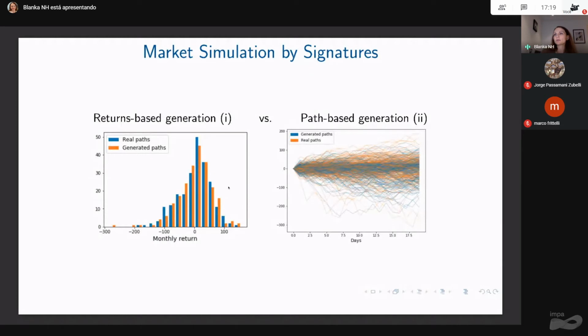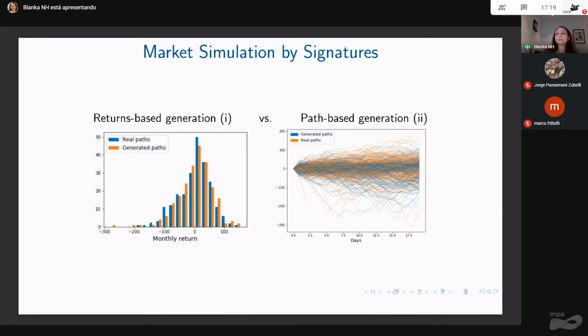So yeah, let's get back to this picture where we started out. The return-based generation versus the path-based generation. This will be denoted by number 1 in the following algorithm that I will present to you, and the path-based generation will be denoted by number 2, which will refer to the signature-based approach. What we will also show in the algorithm is that we try to do the modeling as well in this path-based modeling technique, where we take several days returns at the same time and try to model the cross correlations of the days one after another.